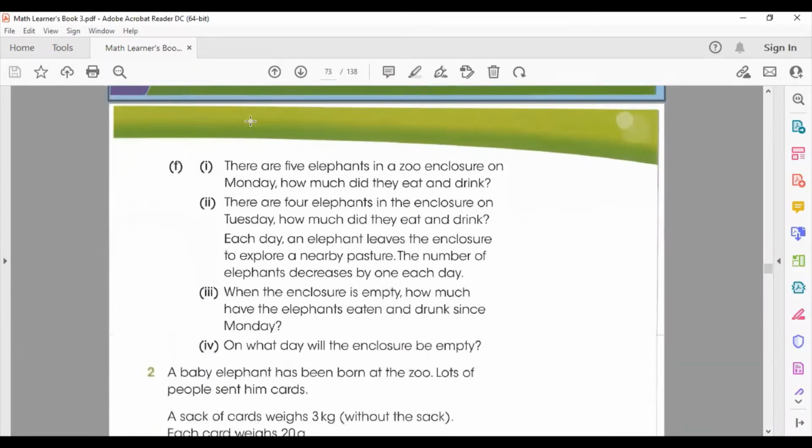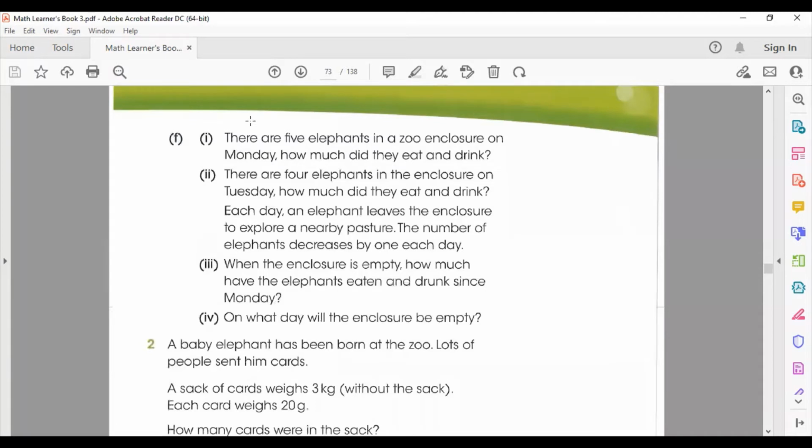Page number 73. There are 5 elephants in a zoo enclosure on Monday. How much did they eat and drink? There are how many elephants? 5 elephants. Okay, how much did they eat and drink? Talking about only one day, so it's easy for us.